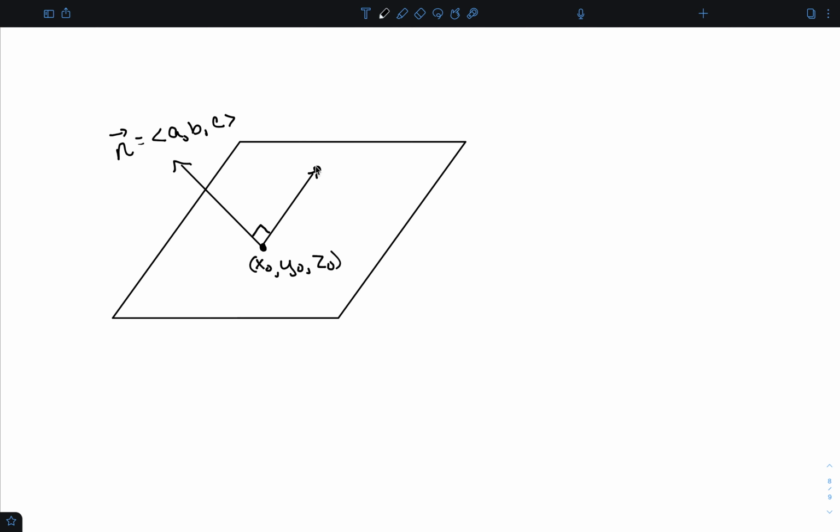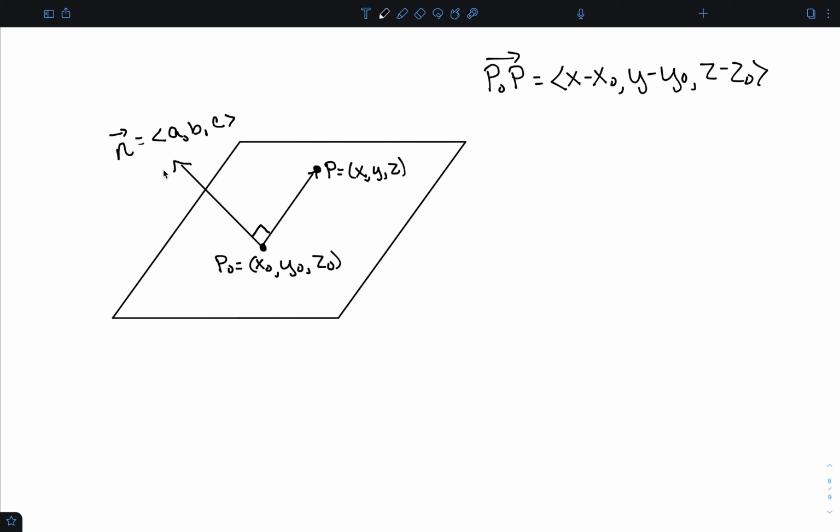So if I have any arbitrary point P in the plane, x, y, z, I want to consider the vector between my point that I know and this arbitrary point. So if I call this first one P0, I want to know the vector that goes from P0 to P. This is x minus x0, y minus y0, and z minus z0.